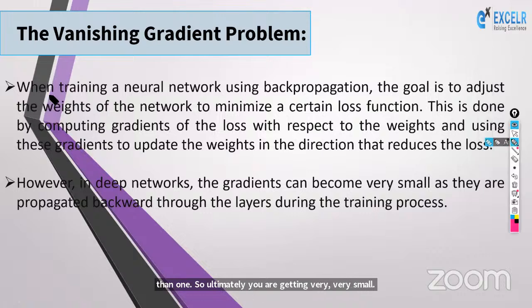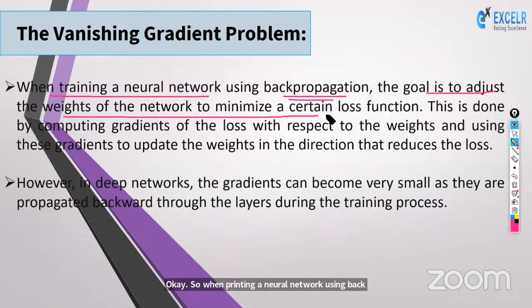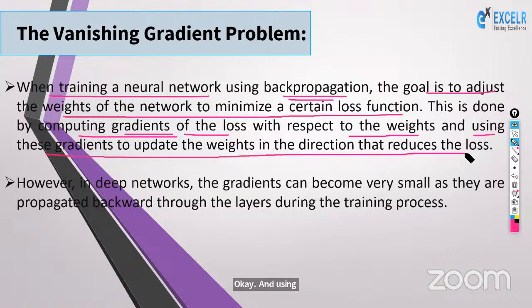When training a neural network using backpropagation, the goal is to adjust the weights of the neural network to minimize the loss or error function. This is done by computing the gradients of the loss with respect to the weight values, and using these gradients to update the weights in the direction that reduces the loss.